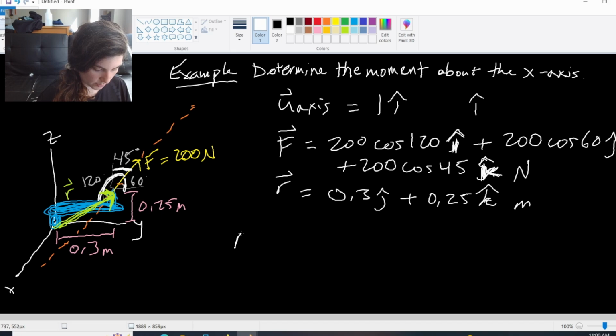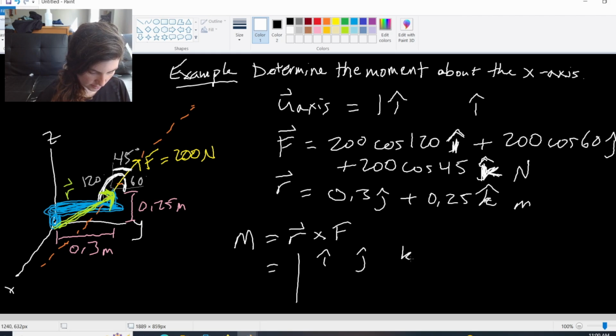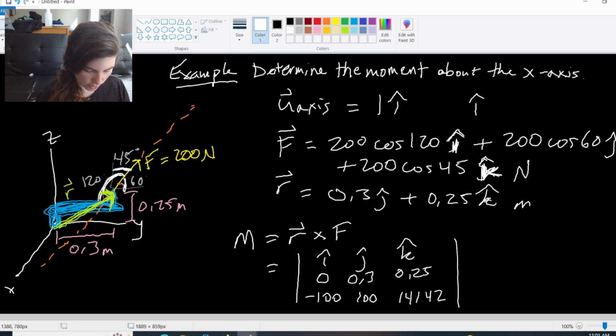So step 2 is finding the moment of R cross F. In this case, we're going to have our i hat, j hat, k hat, then our R vector, 0, 0.3, 0.25, and then our force vector, which if I multiply out these, I put 200 cosine 120 into my calculator, I'm going to get negative 100, then a positive 100 for the j hat, and 141.42 for my k hat term.